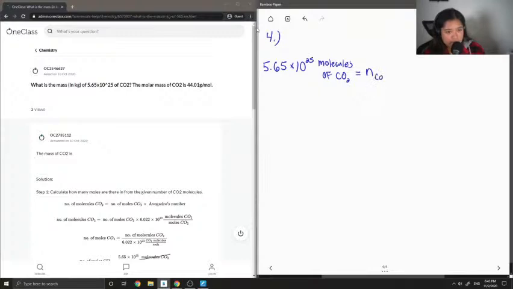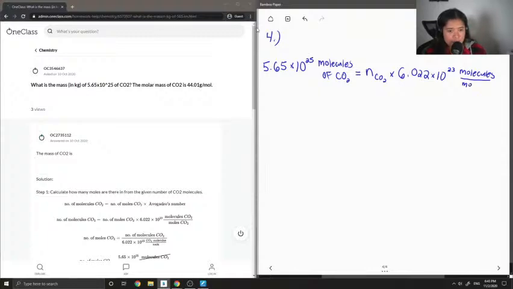Let me write out what this equation would look like. Avogadro's number is a helpful way of figuring out how many molecules per mole you have for a given substance.